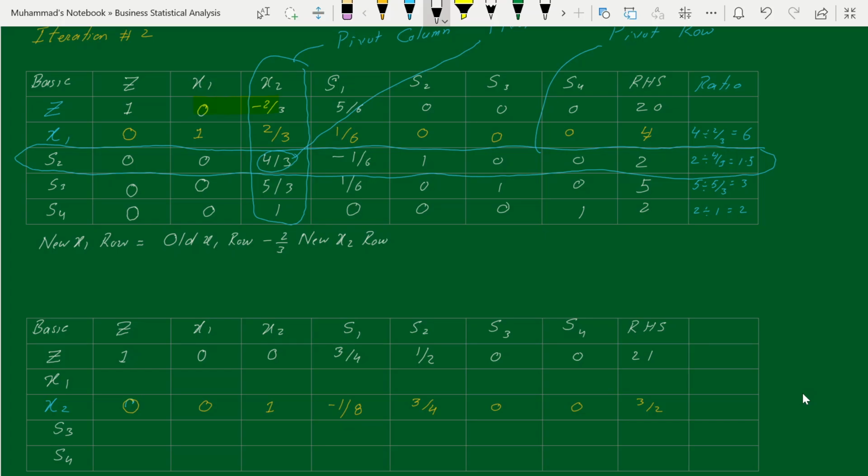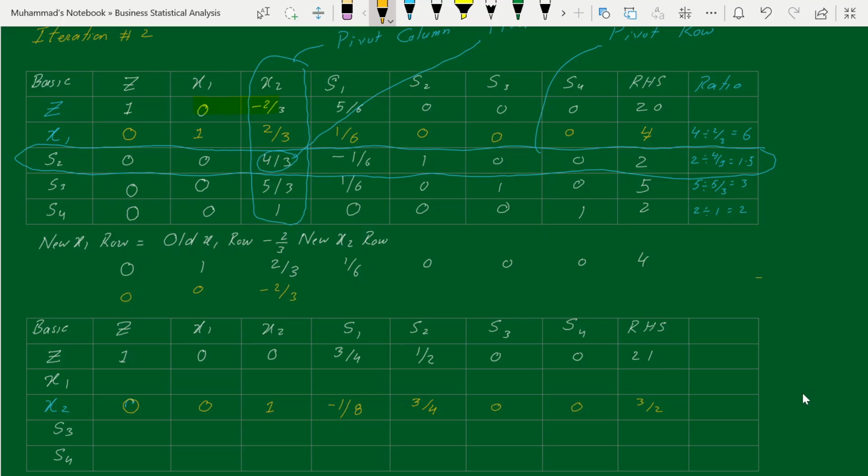Now I will write down the old x1 row, which is 1, 1, 2 by 3, 1 by 6, 0, 0, 0, and finally 4. And now I will multiply minus 2 by 3 with this x2 row: 0, 0, minus 2 by 3.